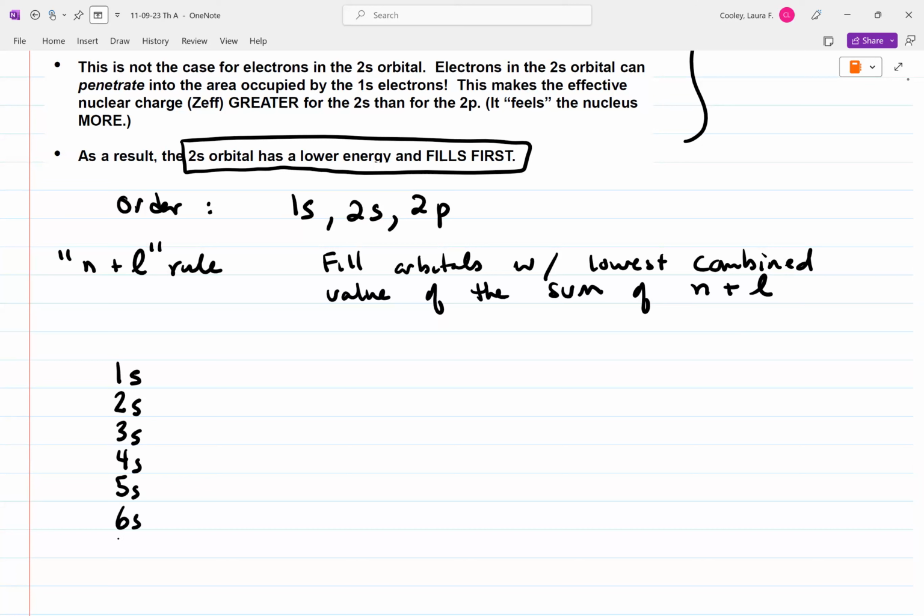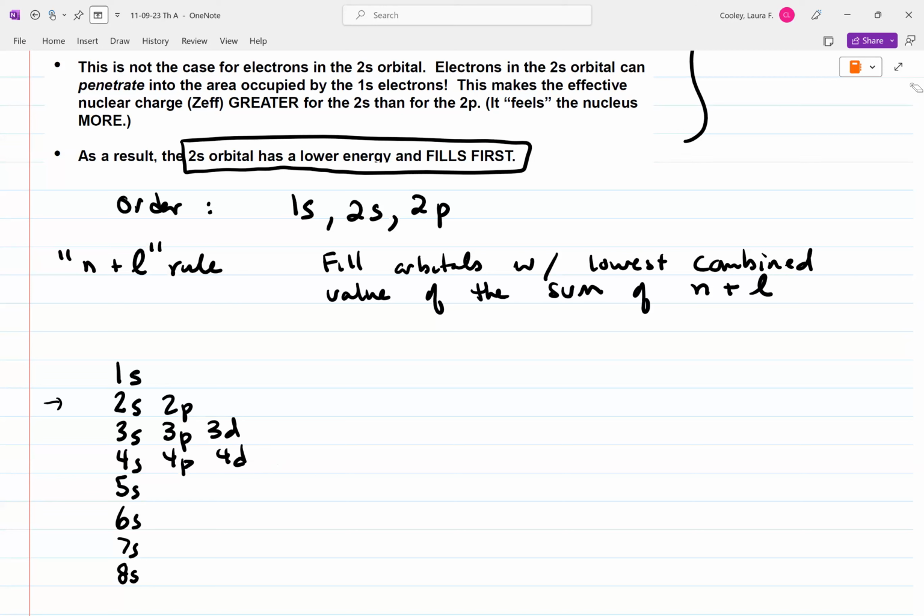And then in the 2 column, you put 2s, then 2p. Then you put 3s, 3p, 3d. 4s, 4p, 4d.